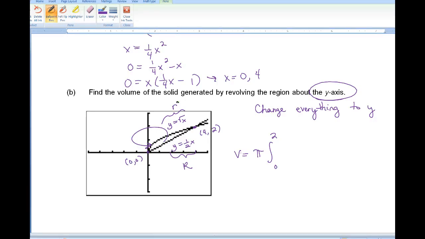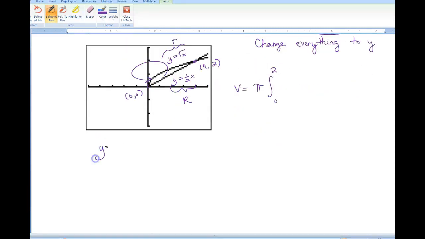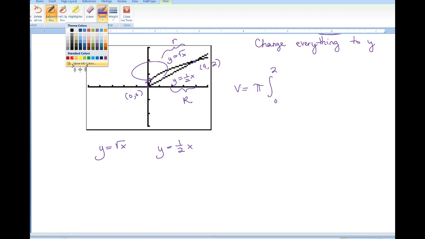But I don't want to put in square root of x, and I don't want to put in 1/2 x. Remember, I want to change everything so that it's in terms of y, not in terms of x. So take y equals square root of x, and take y equals 1/2 x, and solve for x. Does that make sense? What happens when I solve for x here?